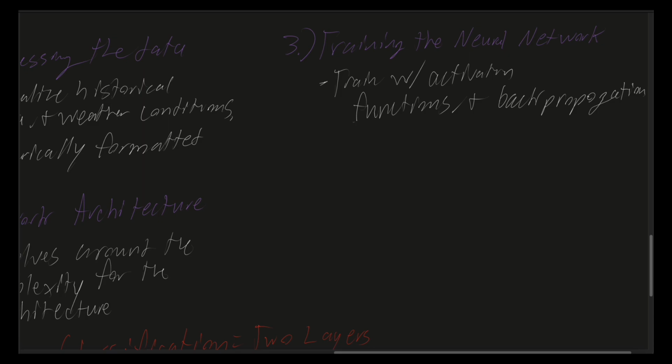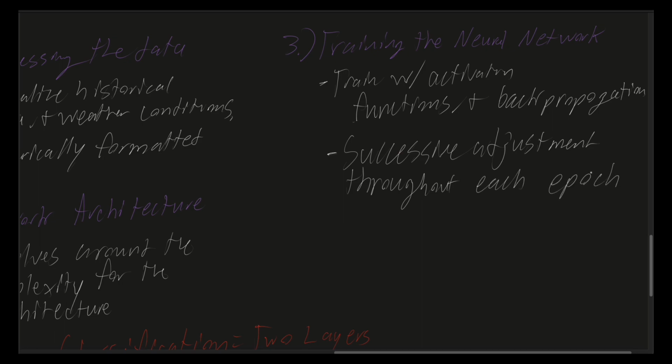This might involve allowing the model to learn how different factors contribute to energy usage and refine its predictions over successive training epochs. So there will be successive adjustments throughout each epoch. And this iterative process allows the network to uncover the intricate patterns linking weather conditions and historical usage to future trends.